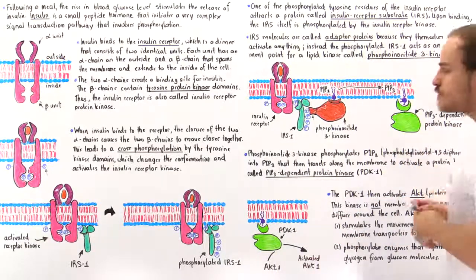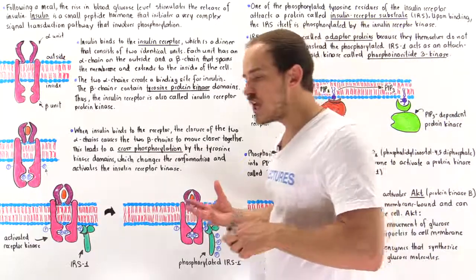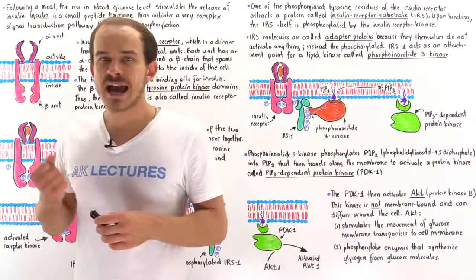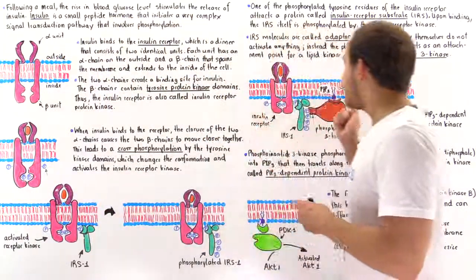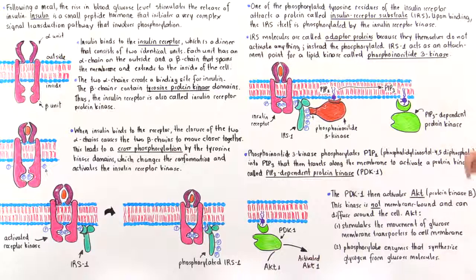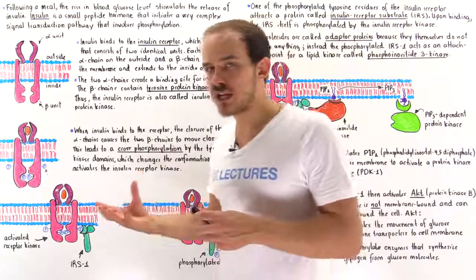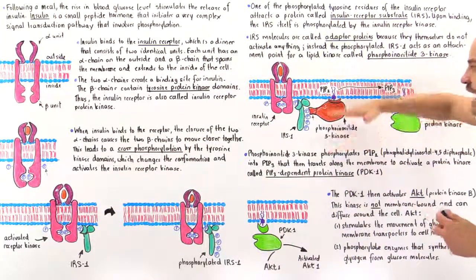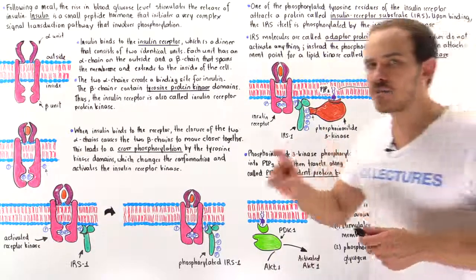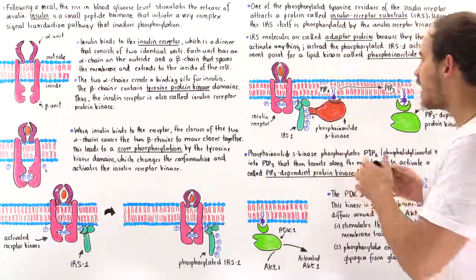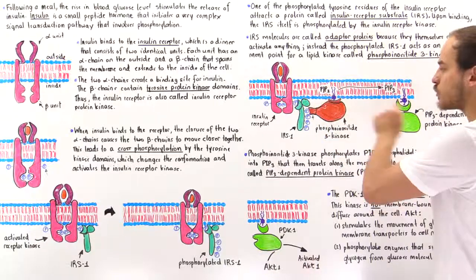Well, we spoke about PIP2 in our discussion on the phosphoinositide cascade, and we said that PIP2 stands for phosphatidylinositol 4,5-diphosphate. This molecule contains a polar region that points towards the cytoplasmic side and a nonpolar region that consists of two tails that lie within the membrane.